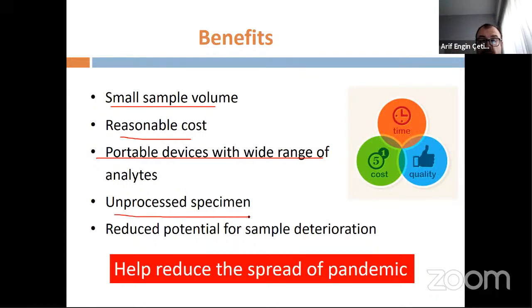The classical methods need complex or costly sample preparation techniques. In the POCT, you use either an unprocessed specimen or a processed specimen, but here the process is very simple. For example, for a COVID-19 POCT test, the sample preparation takes 1 to 2 minutes, and the tests are very simple. You don't need to be an experienced professional to perform those tests. You can even perform them at home.